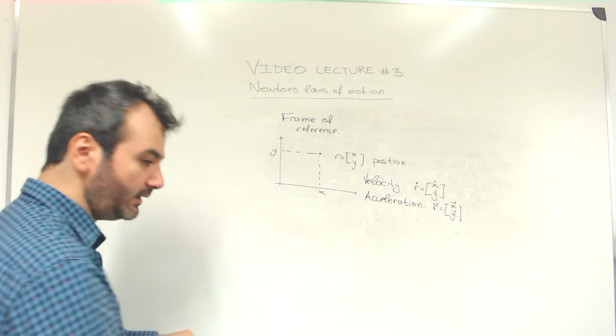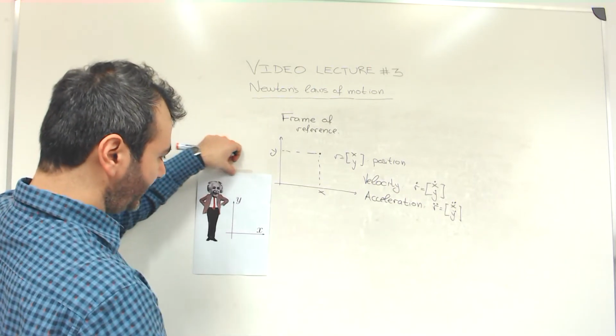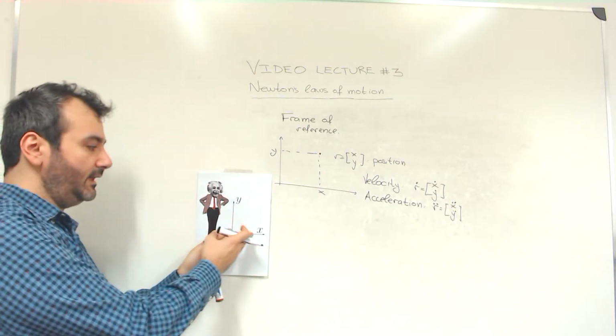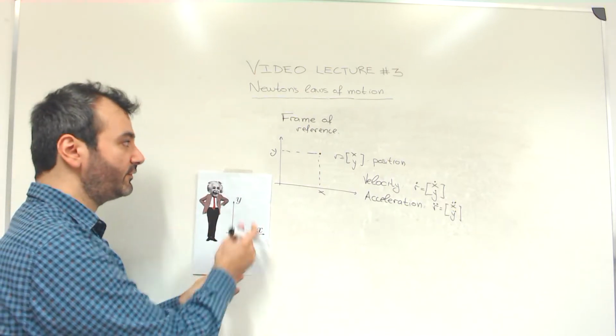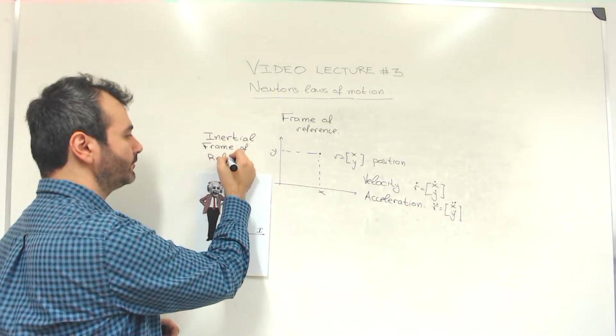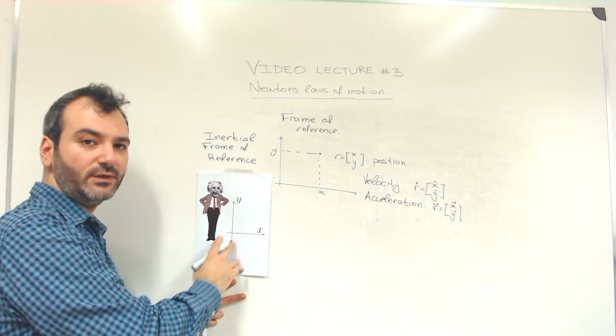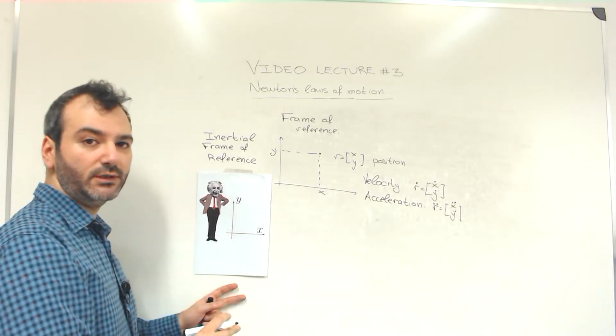For the first one, we will need some help from this guy, who brings in an inertial frame of reference, which is something new. An inertial frame of reference is a frame of reference in which the following property holds.